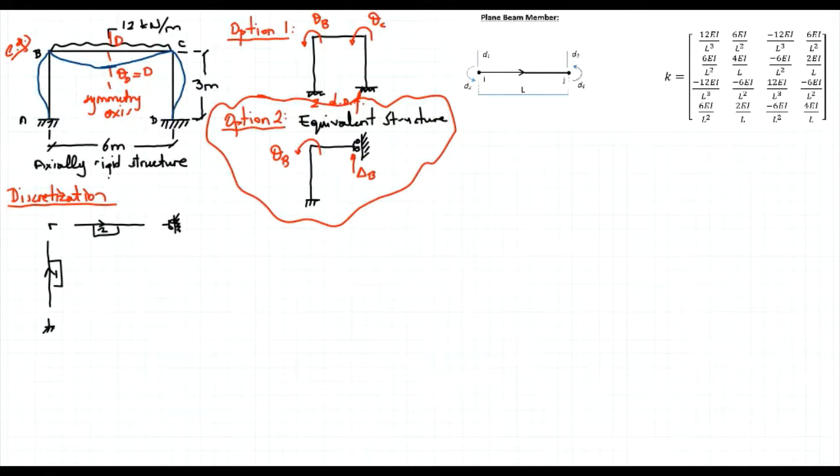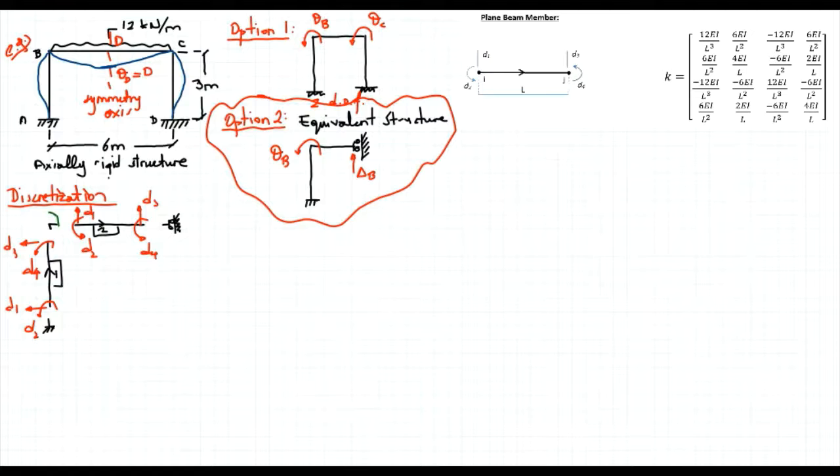Let's show the members' degrees of freedom. Since this is the start node, that will be my first degree of freedom, D1, then D2, D3, and D4. And for the second member, that would be D1, D2, D3, and D4.